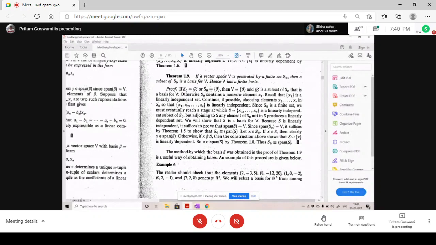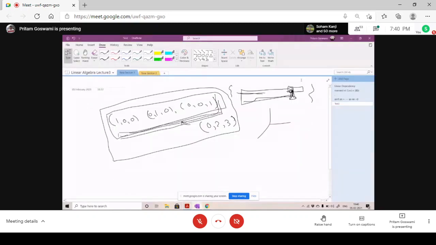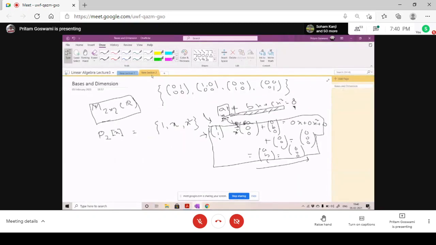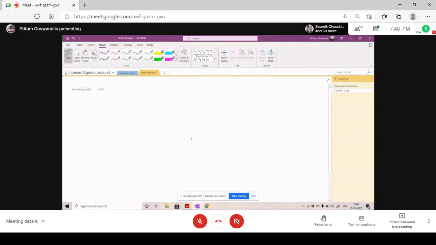Suppose you have a vector space V and S0 is a finite set generating the whole vector space. So the span of S0 is the whole vector space. Clear?